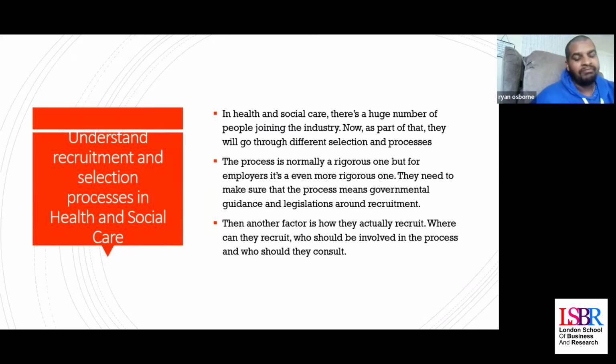Another factor they have to look at is how they actually recruit. Where can they recruit? Who should be involved in the process and who should they consult? So let's get into it.